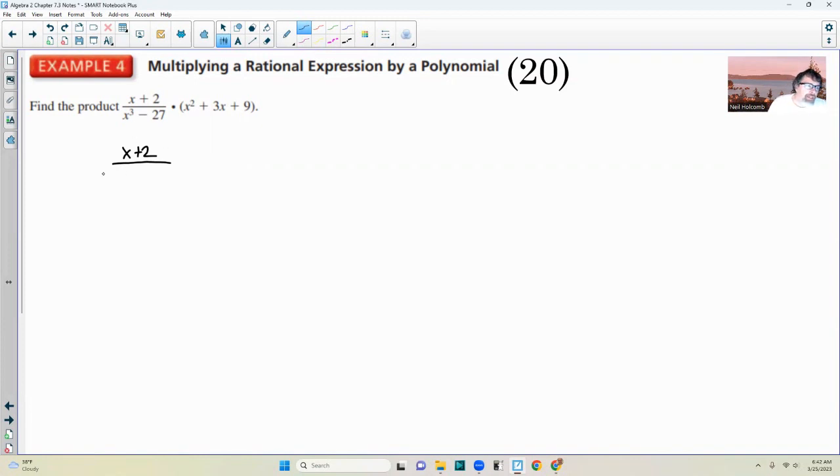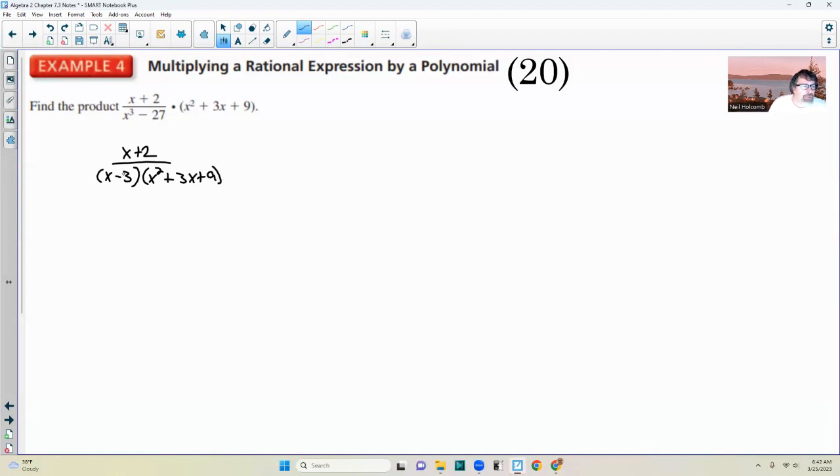You take the cube root of the first term, keep the sign, minus the cube root of the second term, and then it's going to be x squared plus 3x plus 9.